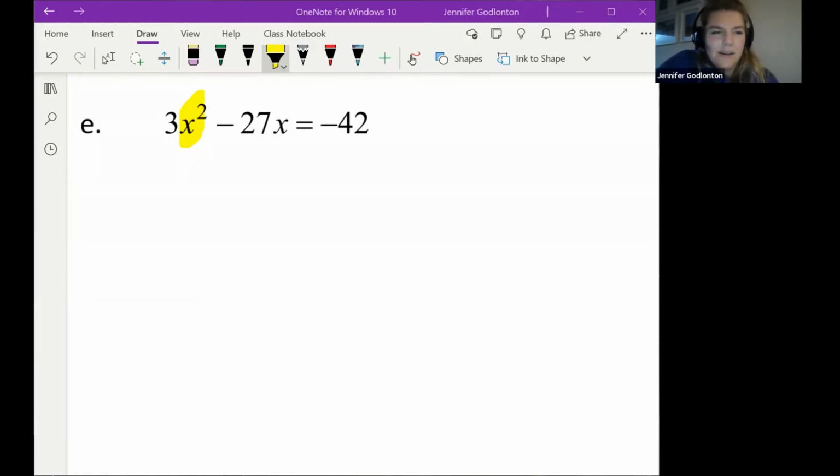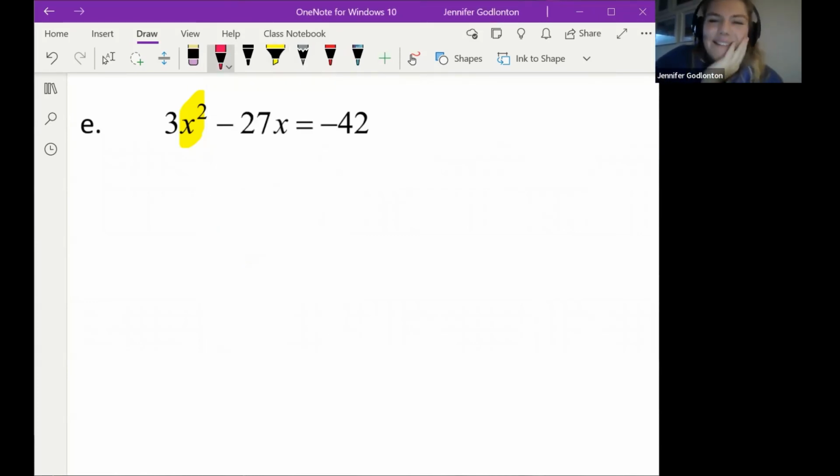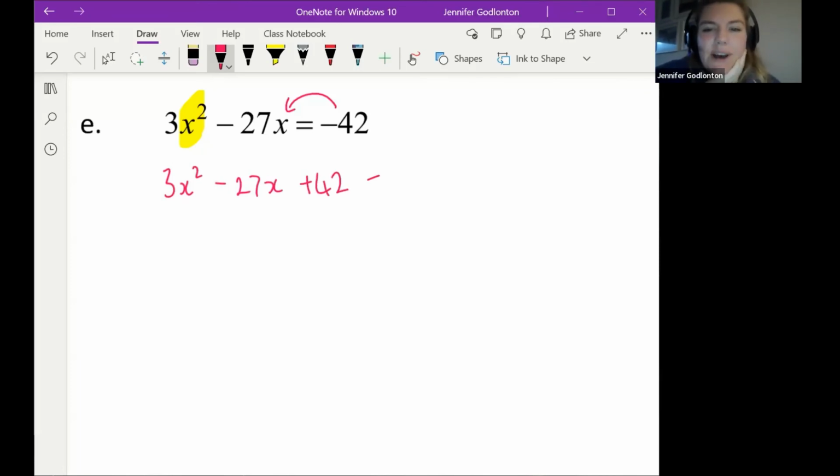Jasmine, hello. The first step is to put the 42 over, after the 27x minus 27x plus 42 is equal to 0. Good, excellent. So plus 42 is equal to 0. Our first step is that we need to make it equal to 0 because it's a quadratic.